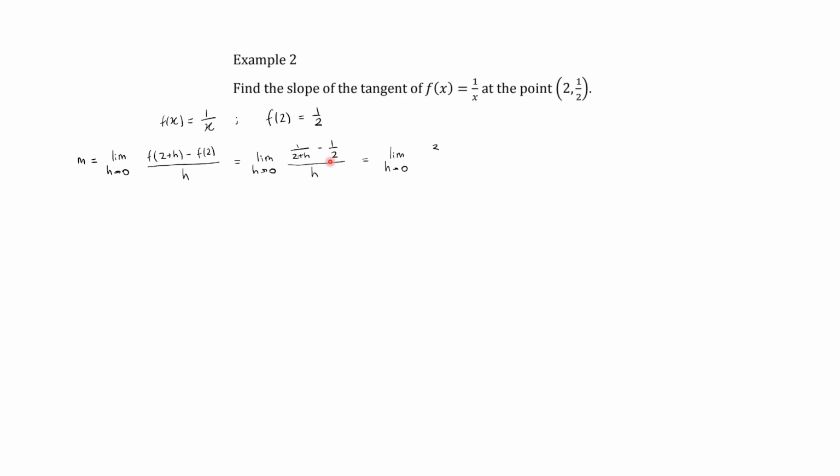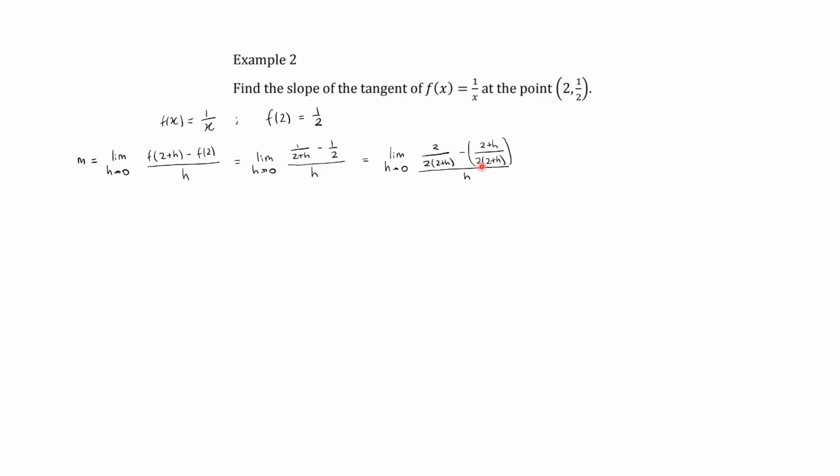So we're going to have 2 over 2 times 2 plus h, and then we are going to multiply both the numerator and the denominator for the second fraction by 2 plus h. So here we're going to have 2 plus h over 2 times 2 plus h, so that we can get that common denominator. And all of this, of course, over h.